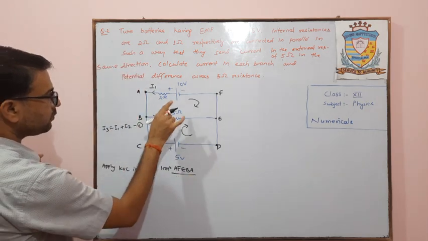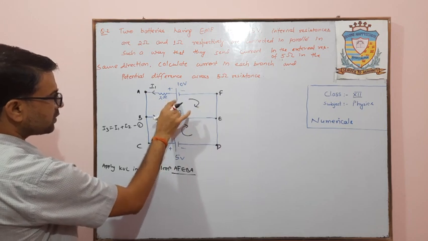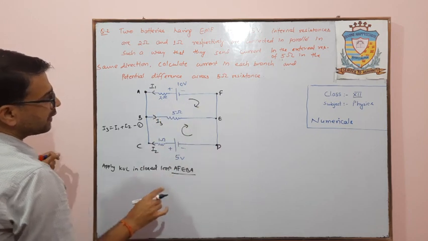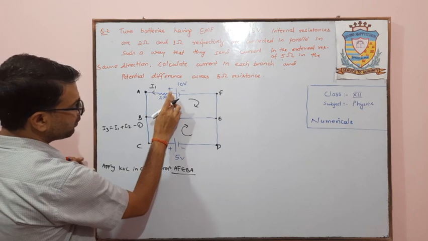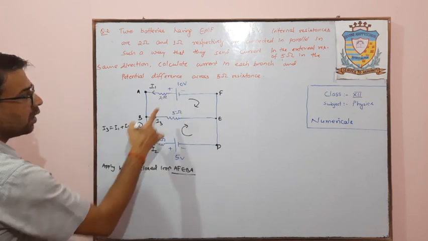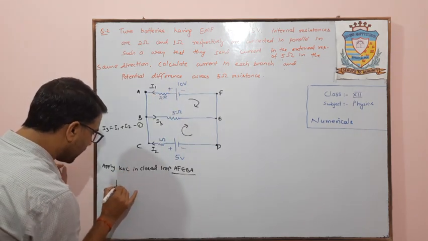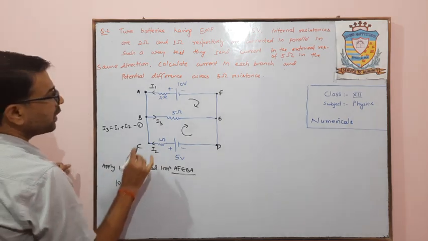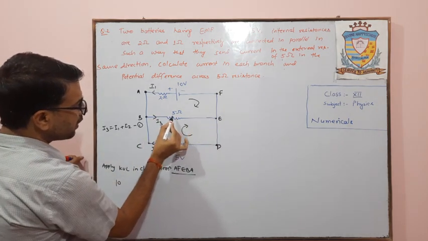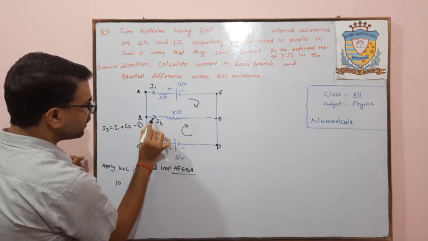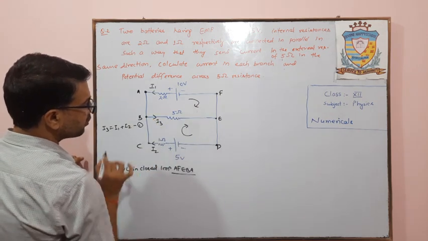Now first we'll choose this one. Here the direction of calculation is from positive terminal to negative terminal, so we'll take plus 10. Next, at this point, this is the direction of current and this is the direction of calculation.